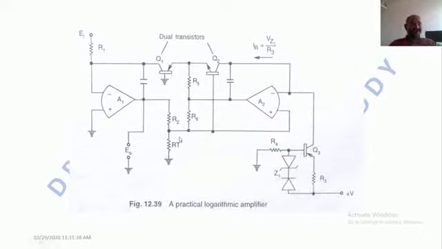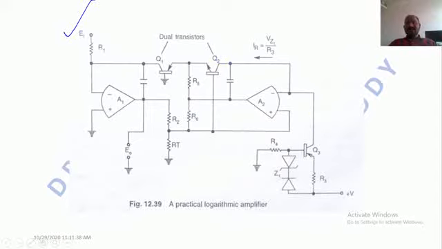Transistors which are used as diodes in a logarithmic amplifier. This is a practical logarithmic amplifier. I am assuming that EI is a voltage applied as an input to this amplifier, and R1 is there. Q1, Q2 transistors are acting as two trans diodes.